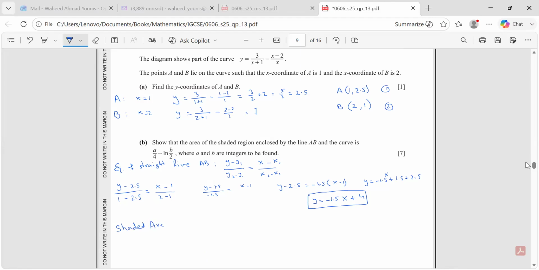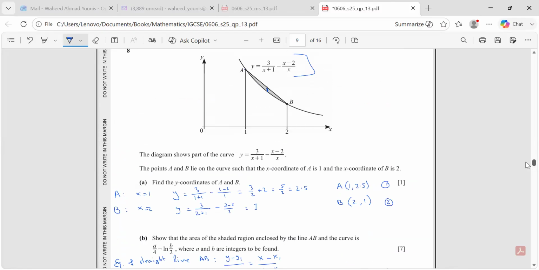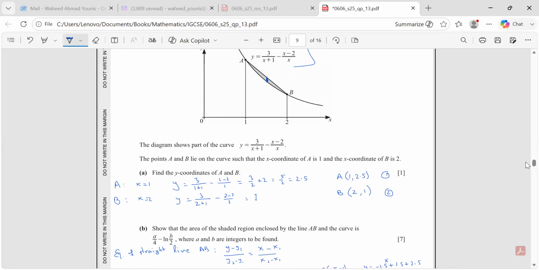So the shaded area is going to be this value of y, minus 1.5x plus 4, minus this value of y, which is 3 over x plus 1 minus x minus 2 over x. You see, this will give me the length of this strip, and this is a very thin strip.